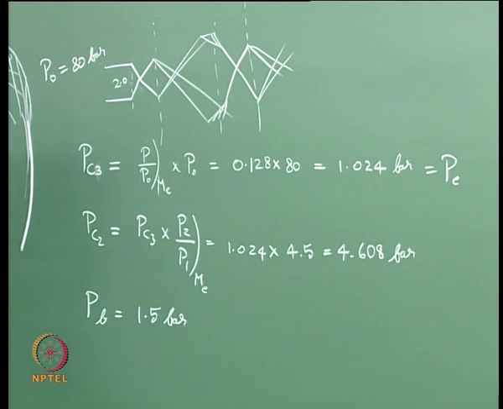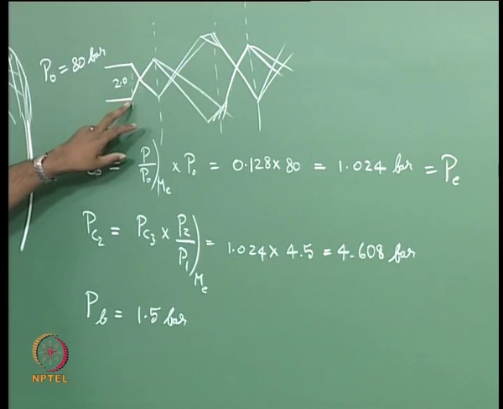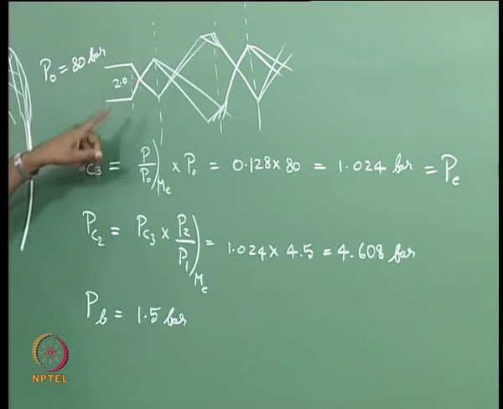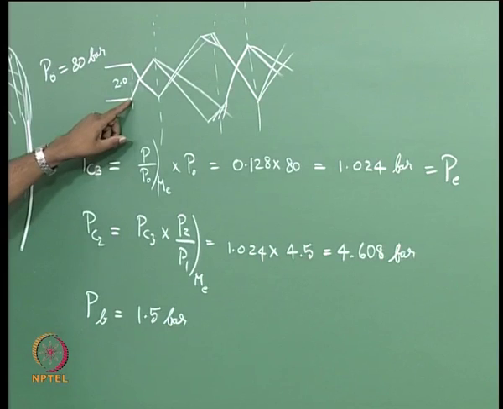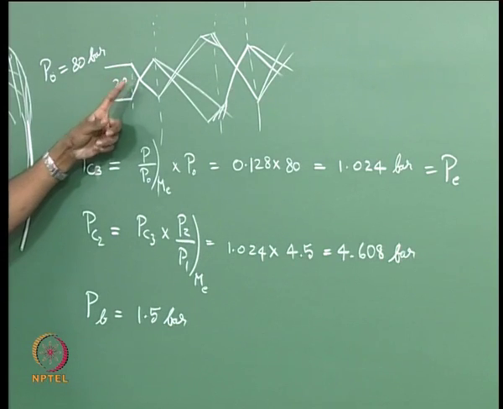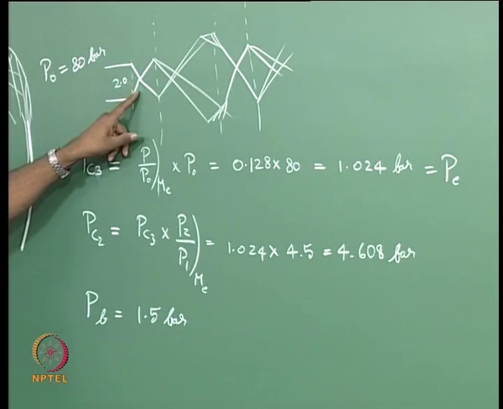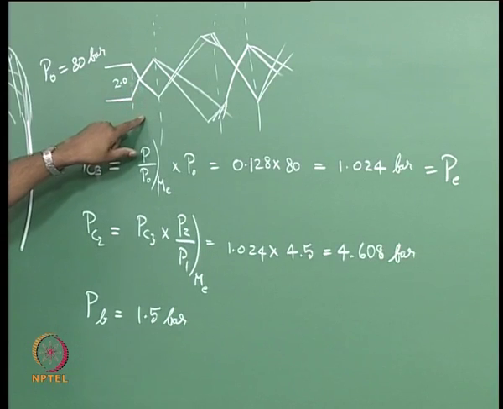So how do I start? The first thing I need to do is find the beta of the shock such that the pressure downstream is equal to 1.5 bar. That is the idea of this shock, right? It is supposed to have an angle such that it corrects the pressure of the fluid to outside pressure.